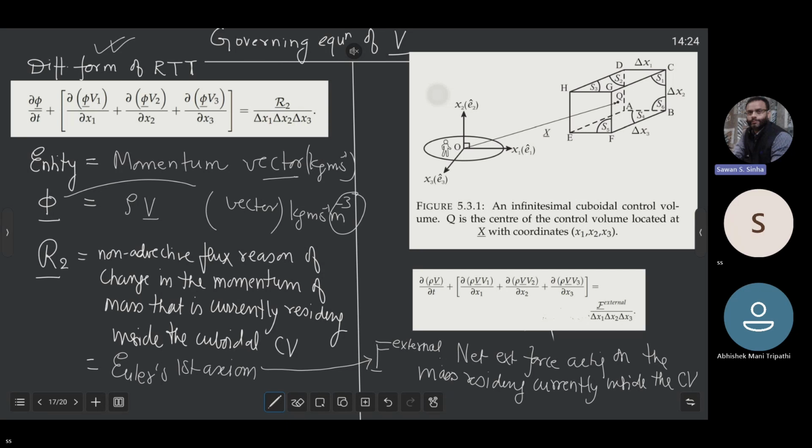I want a clearer representation of what F external would be for a small chunk of mass that is currently inside that control volume. Okay, we will work on that. But before we go there, first make sure we are going from here to here. Things are clear. Please check what changes are appearing and whether those changes are in line with whatever I have here or not.